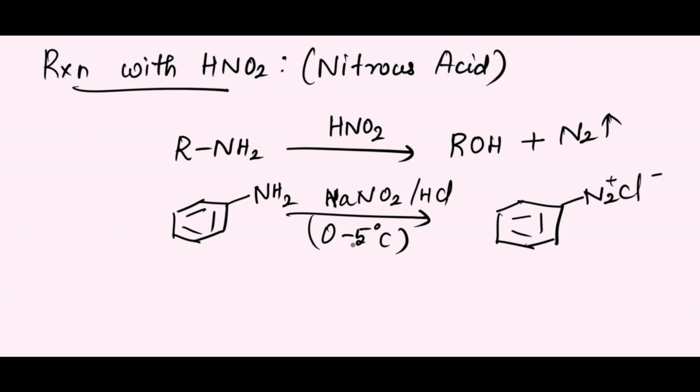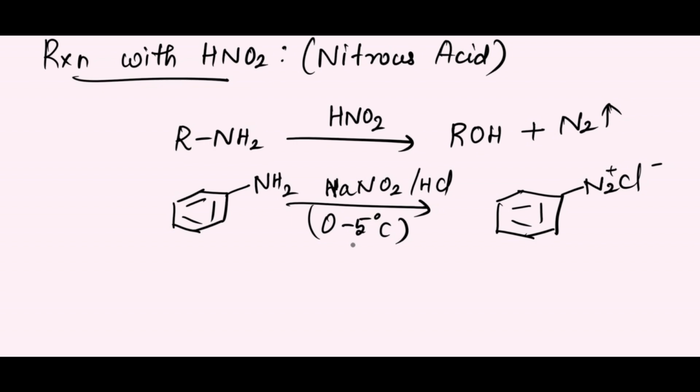Why, ma'am, why with the aliphatic amine is it not forming? Because of lack of resonance. Lack of resonance with aliphatic amine, it is not forming the diazonium salts. If that is forming also, that won't be stable, that immediately becomes alcohol group.